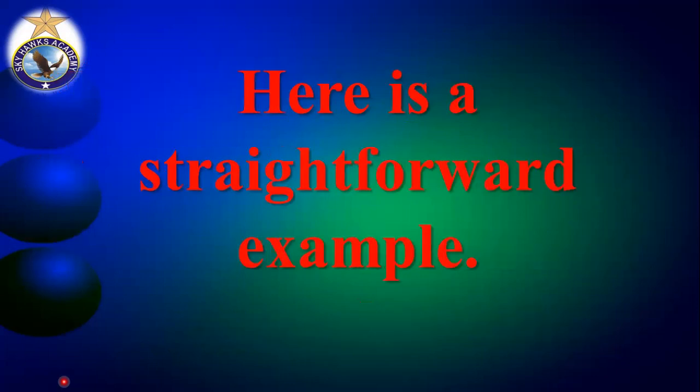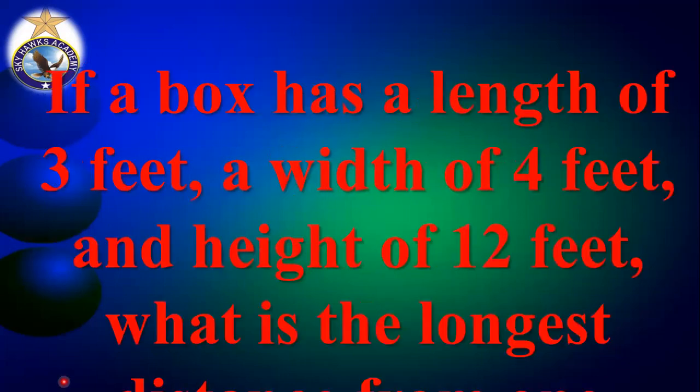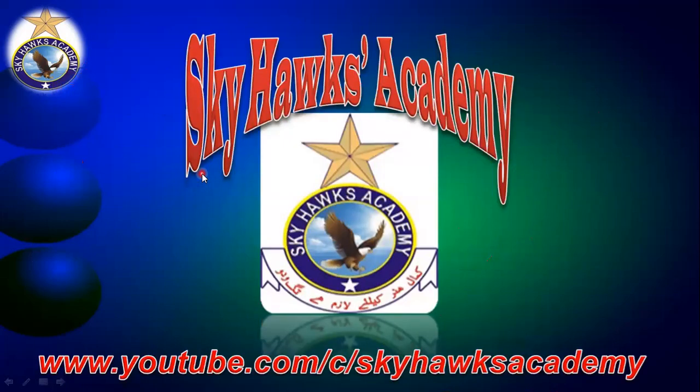Here is a straightforward example. If a box has a length of 3 feet, a width of 4 feet, and a height of 12 feet, what is the longest side?